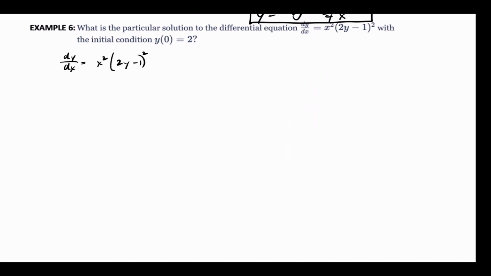Okay, so everything with a Y we want on the left. Everything with an X we want on the right. So first thing, like we've always done, is multiply both sides by dx. Okay. Then how do we get the y stuff to the left?